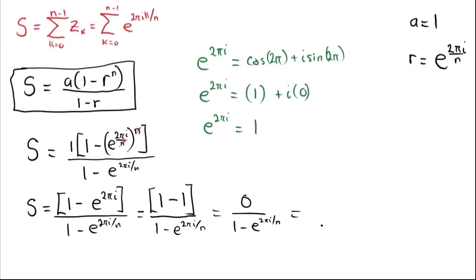So this just means that the whole thing is 0. Hence, this shows that the sum of the nth roots of unity is simply equal to 0. So the sum is equal to 0, as expressed like that. So this is how you show that the sum of the nth roots of unity is equal to 0.